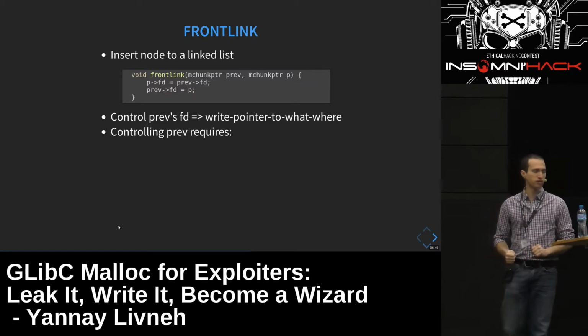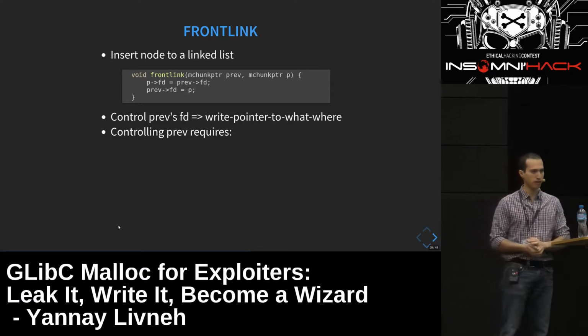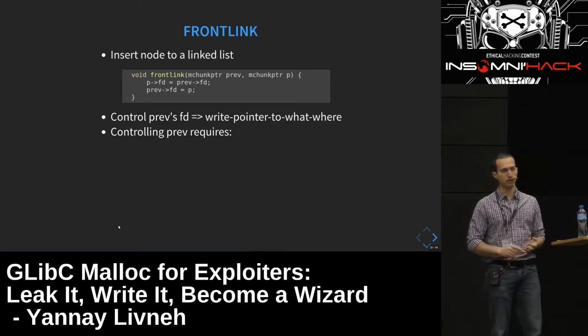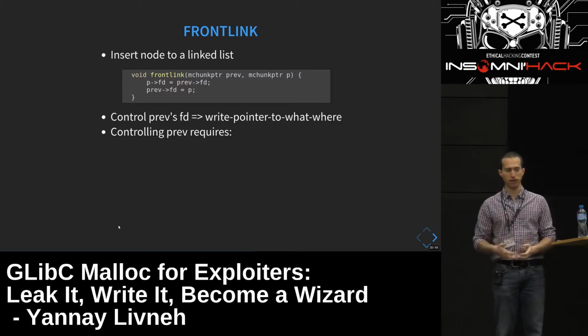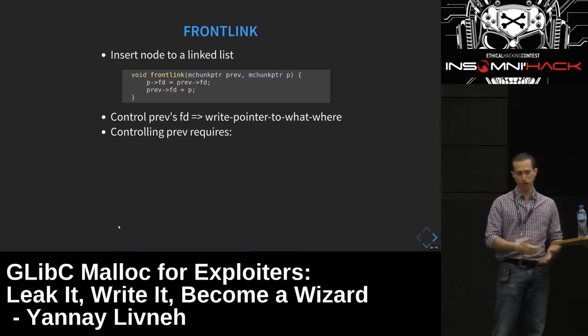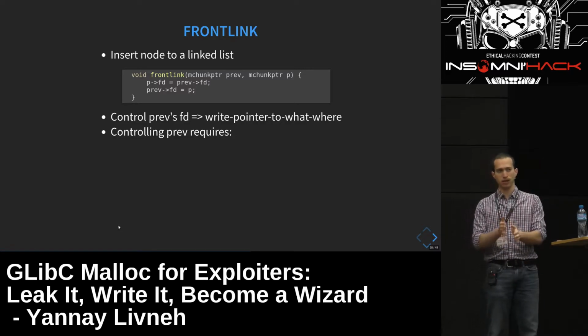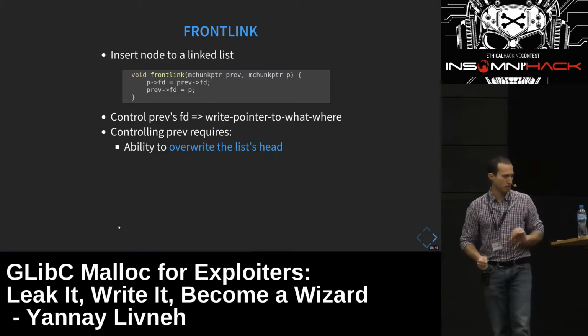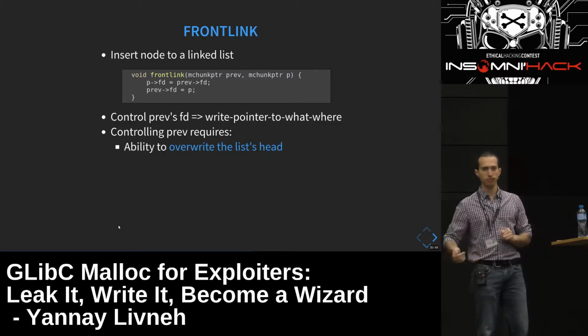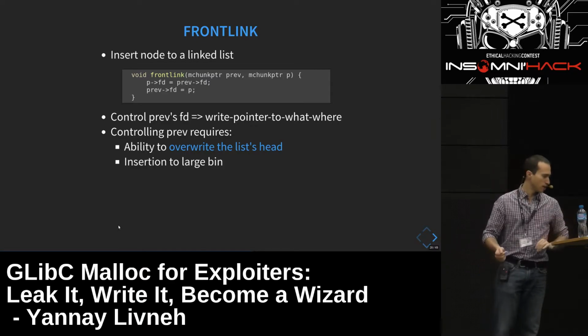But controlling prev is not so easy. What is this prev? When it's a small bin or fast bin or whatever, this prev is the head of the list. And the head of the list is not a chunk. The head of the list is in the main arena, so it's in this glibc data section. However, there is a very nice blog explaining how you can actually override the list head with some primitives. I recommend reading it.